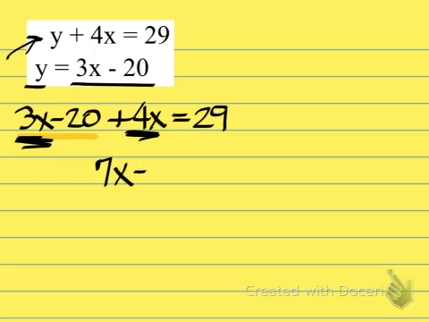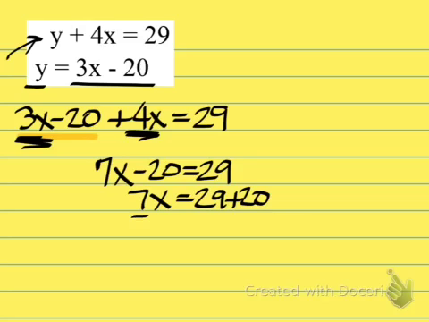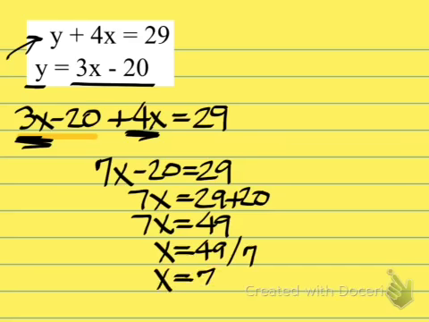And then we still have a minus 20. Now move that minus 20 to the right, make it plus 20, and you get a 49. Divide the 49 by 7, you get an answer of 7.